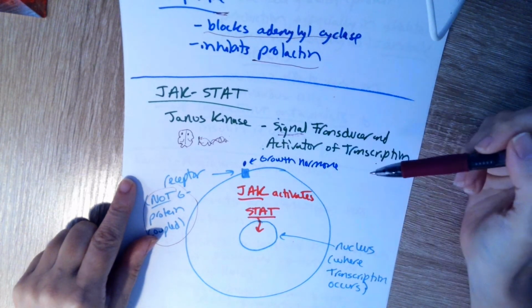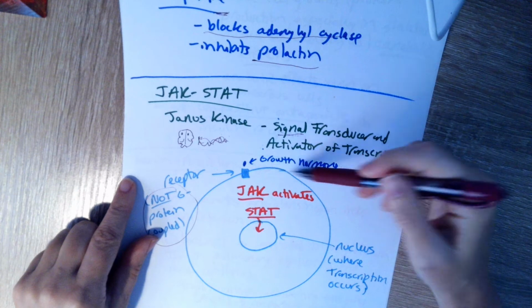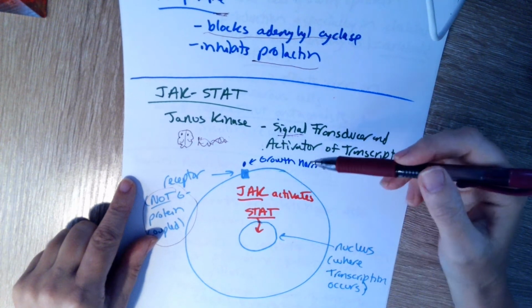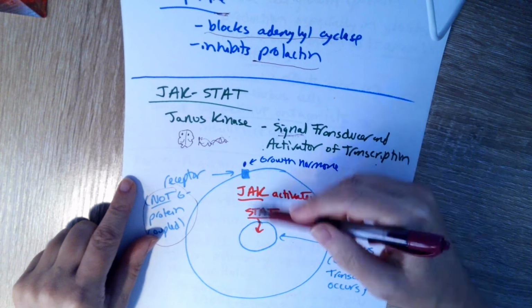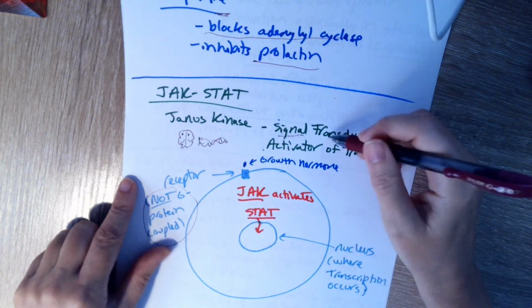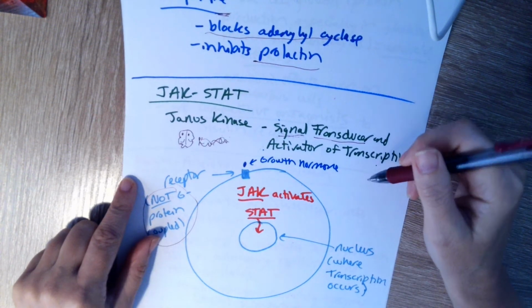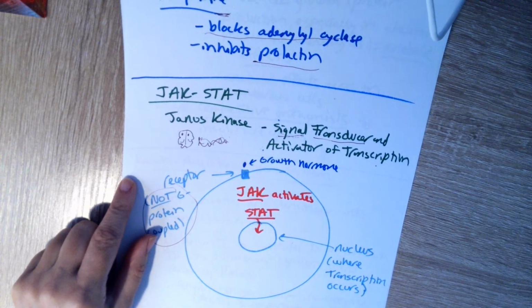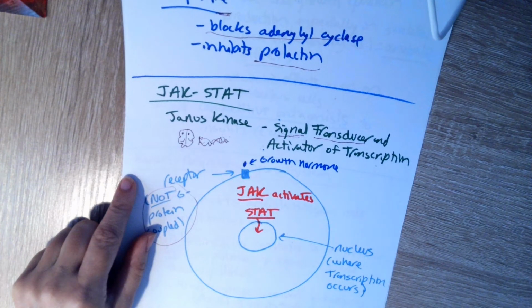Signal is just referring to the fact that growth hormone is a signal coming from an anterior pituitary cell to this particular cell somewhere in the body. Transducer is like what you have in a radio or a TV, where you take radio waves or TV waves and you convert them into sound or picture.